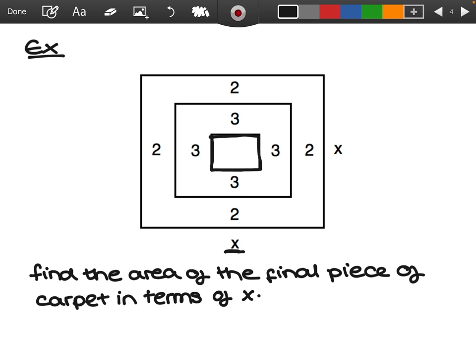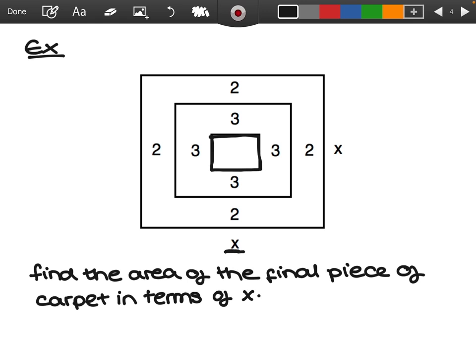Okay. Now the big thing with this problem is, and this is why I would always draw something like this out, just like we have here. Remember, he has taken 2 feet from every side and then 3 feet from every side. So when you draw this, make sure that you do apply that to every single side.